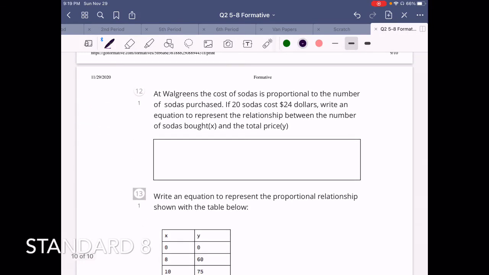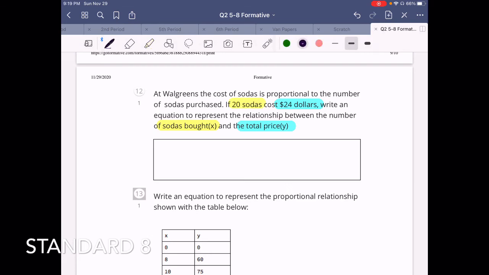Number 12, at Walgreens, the cost of sodas is proportional to the number of sodas purchased. If 20 sodas cost $24, write an equation to represent the relationship between the number of sodas, x, and the total price, y. This is nice because it tells you what x and y are, right? y is the cost, and x is the sodas bought.